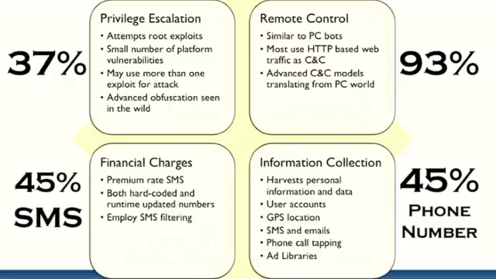37% of the apps did privilege escalation, so they had some type of jailbreak code in there where they tried to escalate privileges so that they could do API commands running as the operating system. 45% of the apps did premium SMS, so that's a huge percentage trying to directly monetize. 93% did remote control, so they tried to set up a botnet, a mobile botnet, and 45% harvested identifying information like phone numbers, UUIDs, GPS location, user accounts.